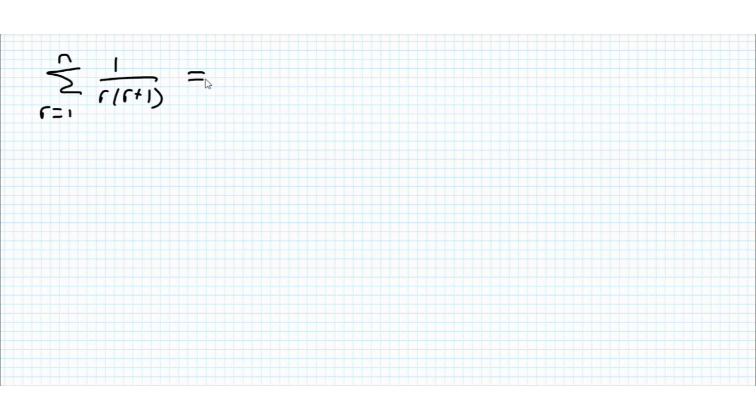So if we want to sum from r equals 1 up to n of 1 over r(r+1), well, this is clearly the same as the sum from r equals 1 to n of 1 over r minus 1 over r plus 1. And we can just work this out explicitly, essentially.